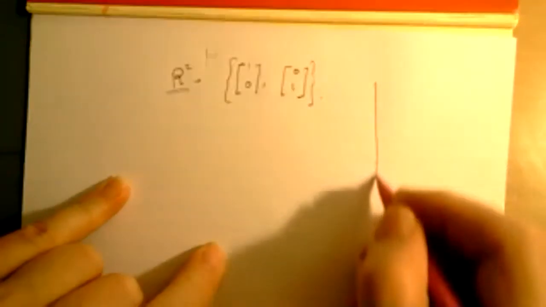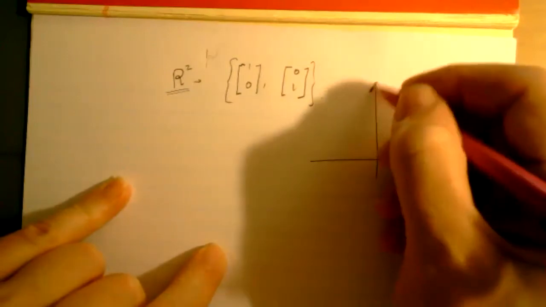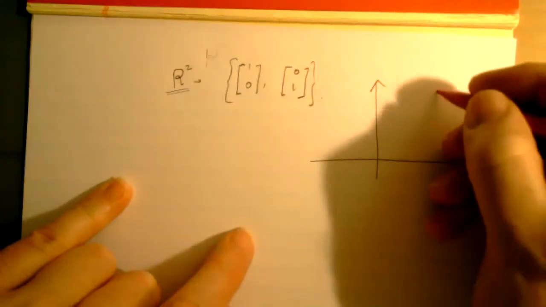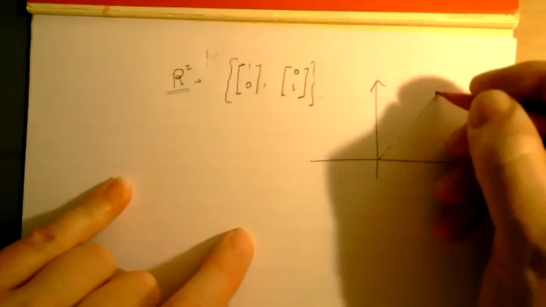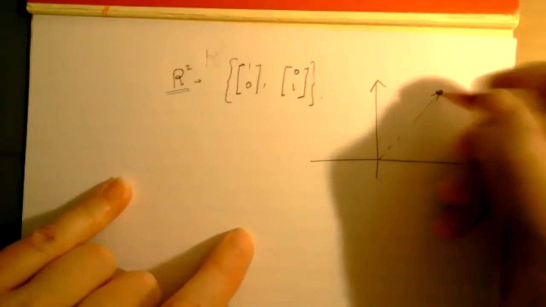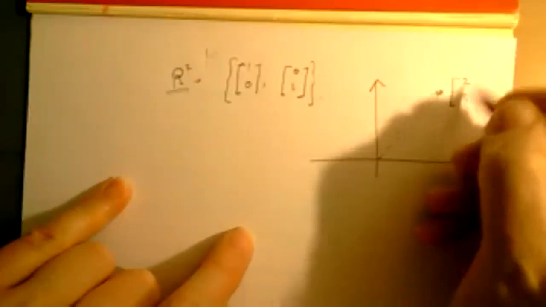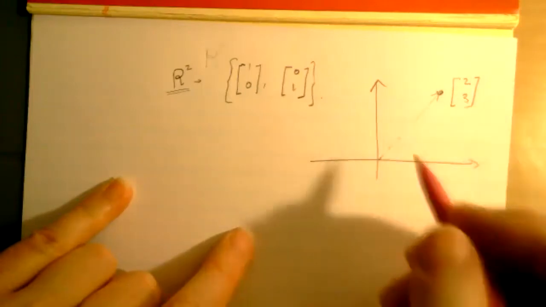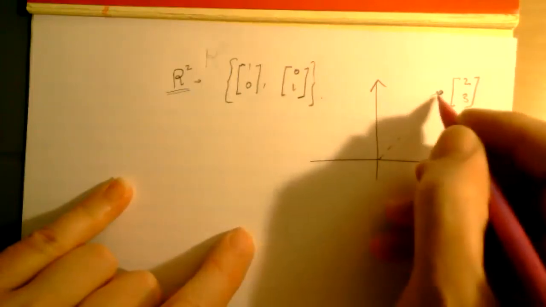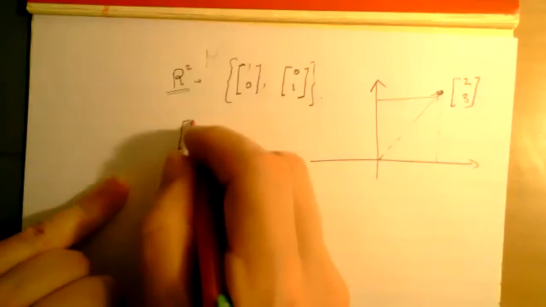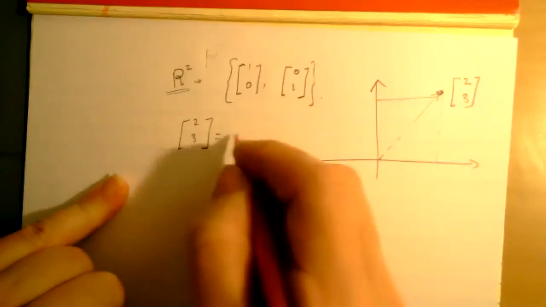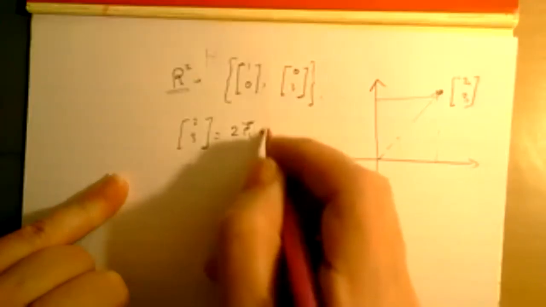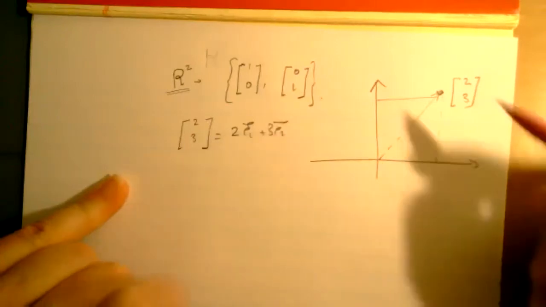And we grew up, all of us, mathematically at least, knowing the following: if you have any point here, let's say (2, 3), we can write it, as we've done several times, as 2E1 plus 3E2.